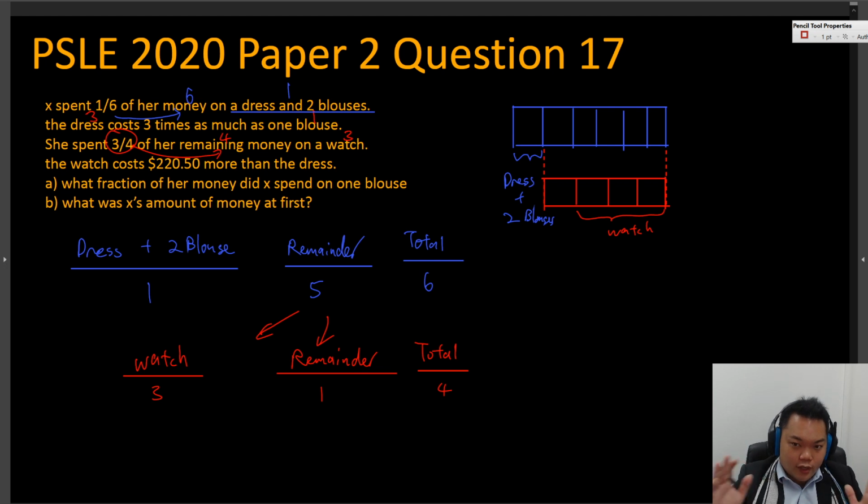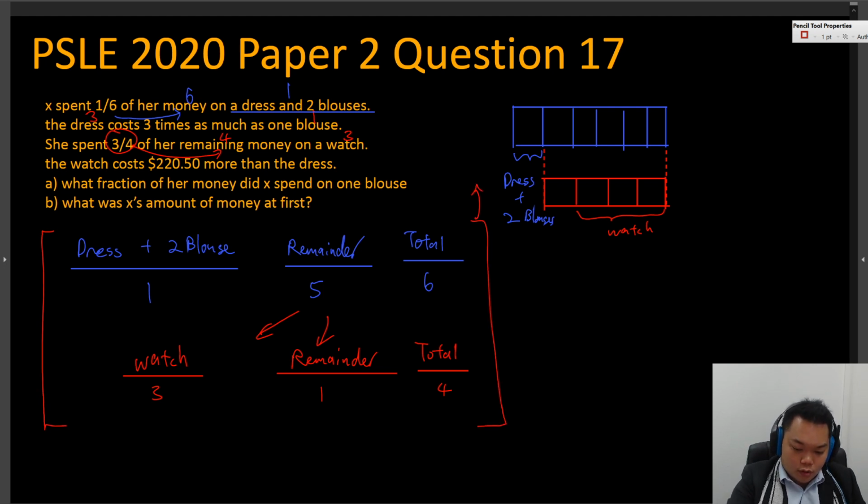So now that we've set up the whole overview, we have to be aware that this refers to her total amount of money. Then over here, a dress and 2 blouses refers to the number of items that were bought.